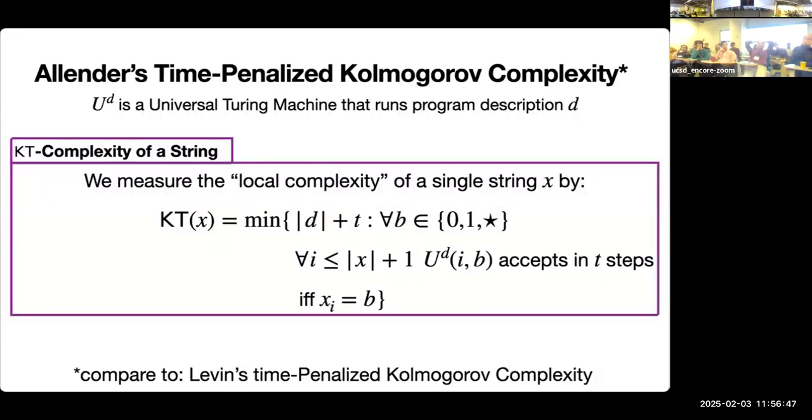So, why do you need star there? I'm not sure that we absolutely need it, but it definitely makes a bunch of basic theorems about this notion easier to prove to have an end marker. Okay, so star is your symbol if you're bigger than the length of D. Yes.